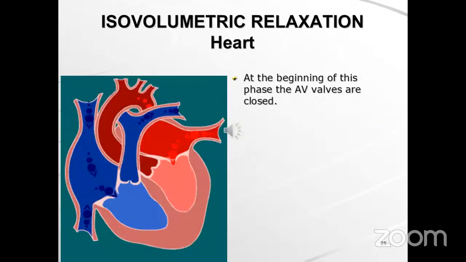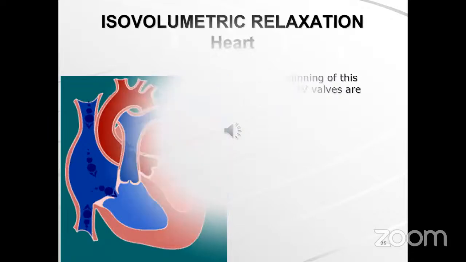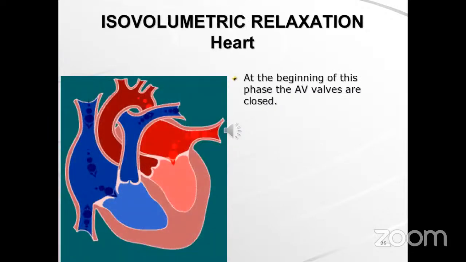So, the next stage is the isovolumetric relaxation. That is, the AV valves are closed and the pulmonary and aortic valves are also closed. So the ventricles are just like a closed chamber, and that closed chamber starts to relax, and that stage is known as the isovolumetric relaxation.